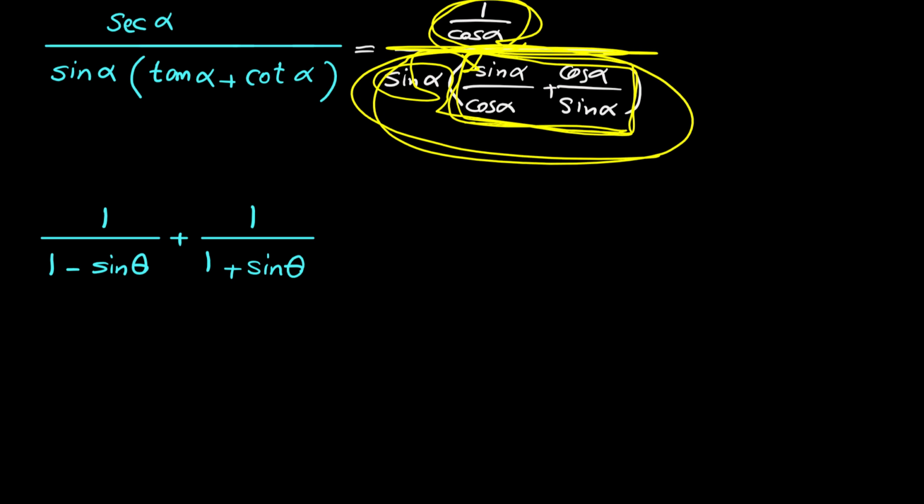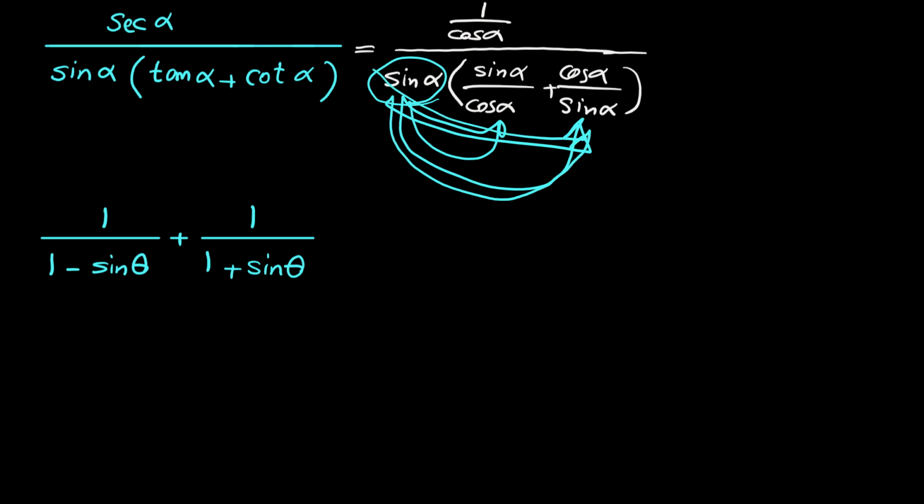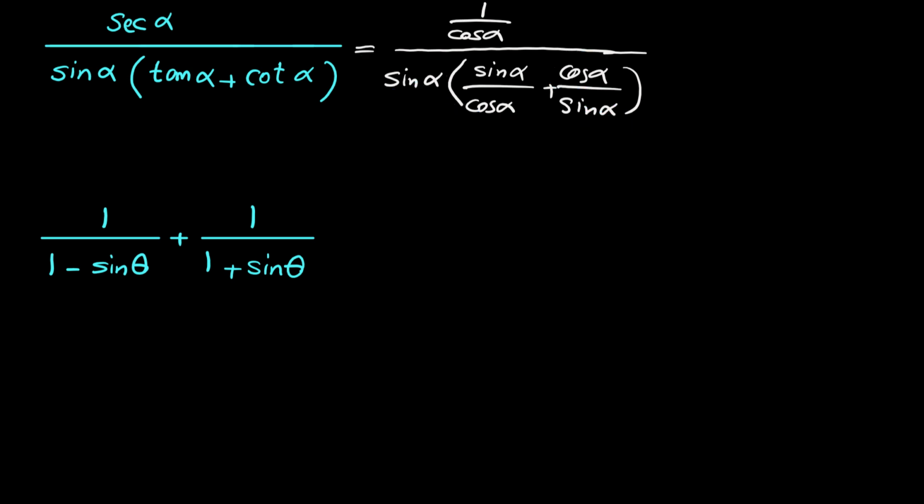Maybe some of you are thinking about first multiplying sine in the bracket, term by term, because this sine with this sine cancels, and then you have only cosine alpha. That can be a good idea. And then divide the numerator by the denominator. As you can see, there is not a unique method to simplify this. It's completely up to you to choose between these different methods. Or even maybe you prefer not to do any of these.